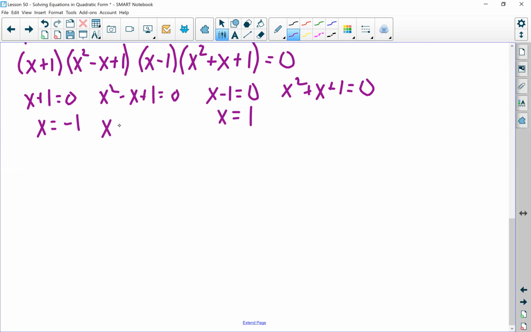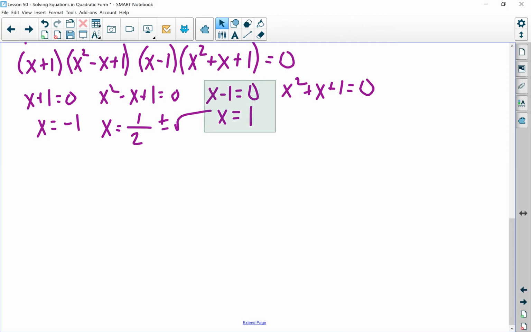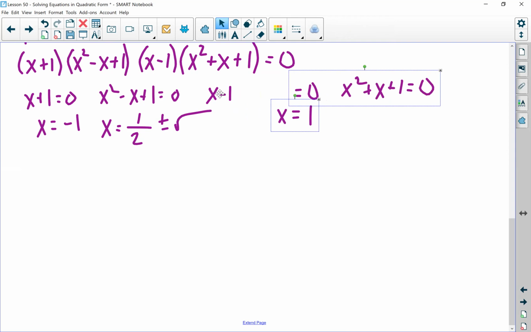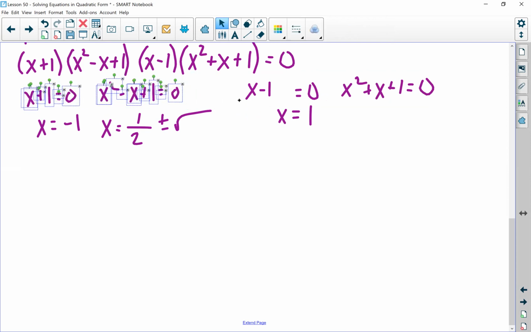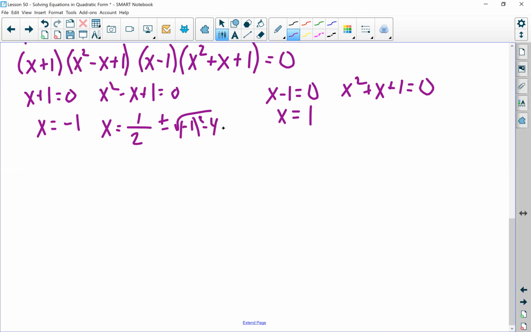So for this one, I would take the opposite of b. In this case, b is negative 1, so the opposite of negative 1 is 1, over 2 times a, which is 2, plus or minus the square root of b squared minus 4ac, all over 2a.